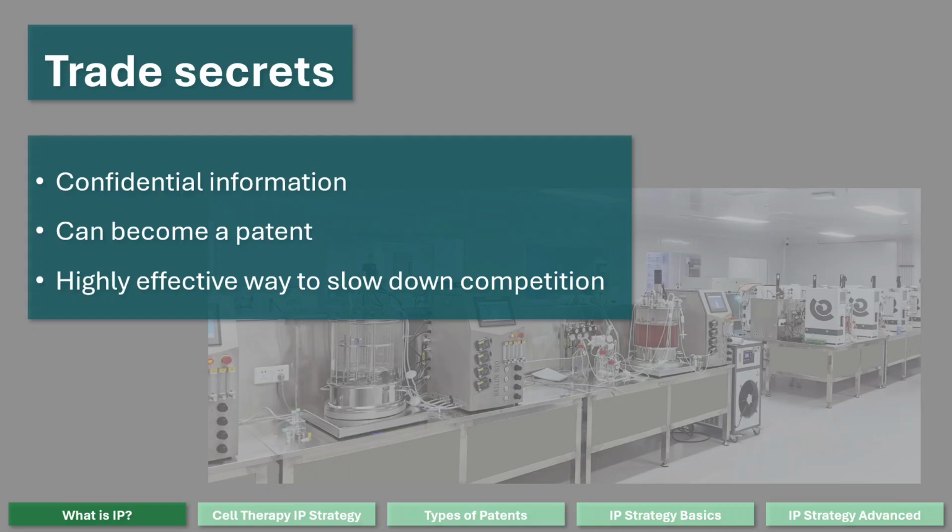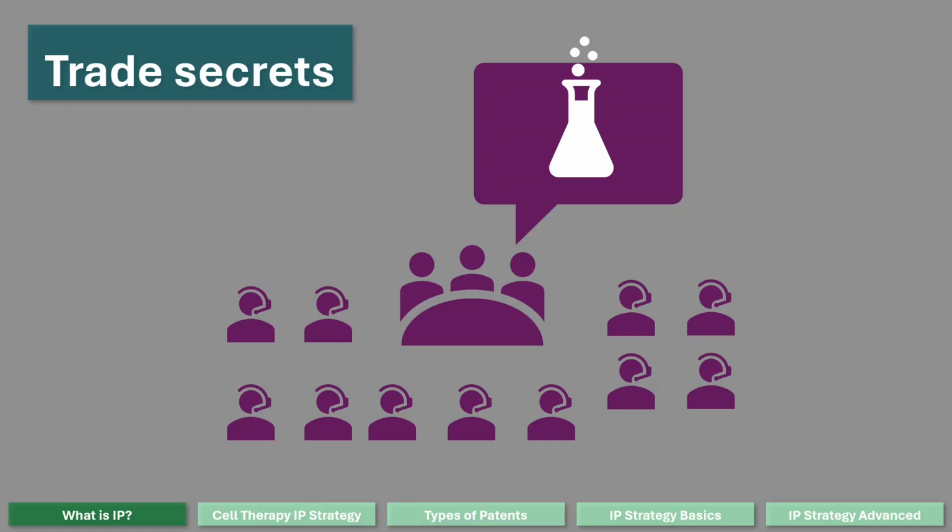A trade secret can be a highly effective way to slow down competition as the competitor's access to critical information is restricted. Therefore, a biotech will always communicate to its employees what information within a company belongs to a trade secret and sign confidentiality agreements.